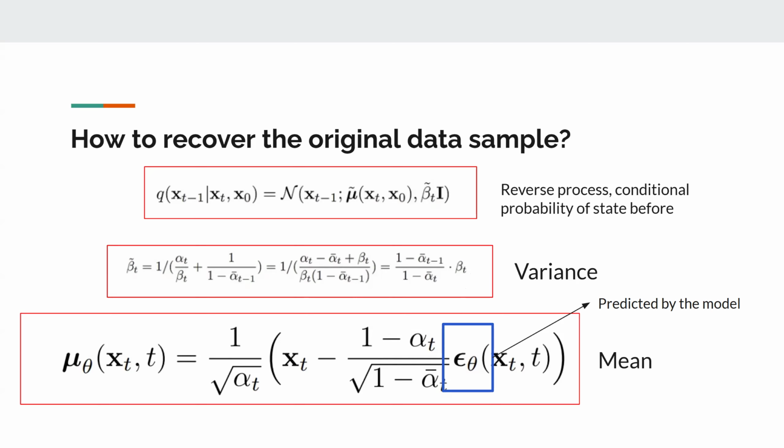So these are all constants, so we can calculate the variance in that way. For the mean, we will need to use the epsilon, and we can calculate it using this equation. And using these two, variance and mean, we can use the first equation where we can calculate the conditional probability of the state before given the current state with the initial state distribution.